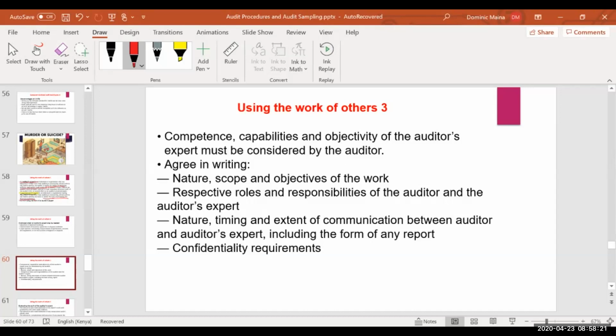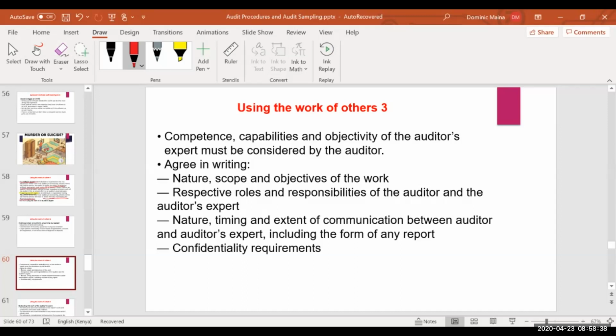So have an agreement. Try to iron out any potential issues way before you give them the work, because you don't want to have issues. If you are the one paying them, don't forget this becomes an expense on your side as an auditor.